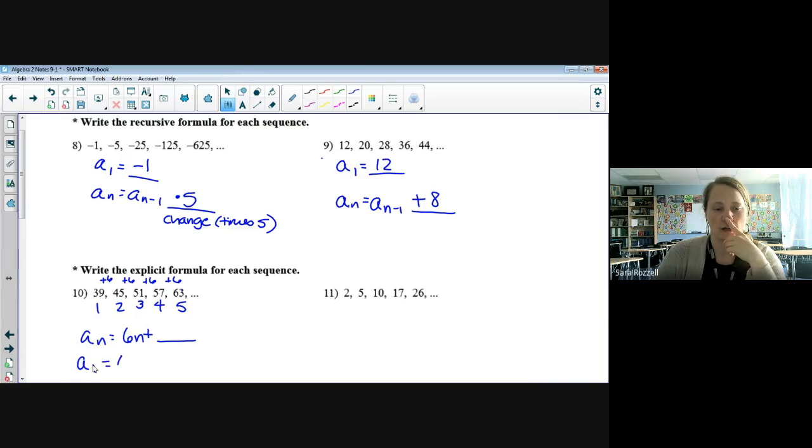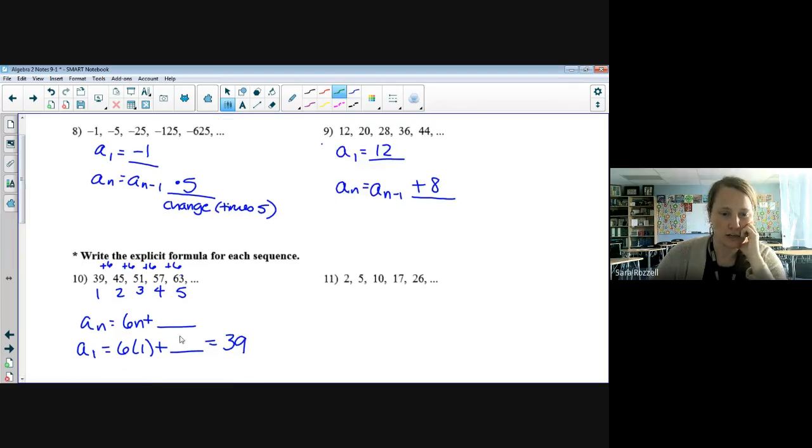So a sub 1 is going to be 6 times 1 plus something has to give me 39. So 6 plus what is 39? 33? Yeah. So we just used our reasoning skills.